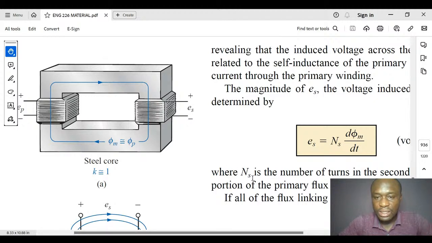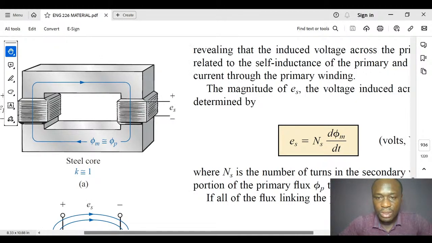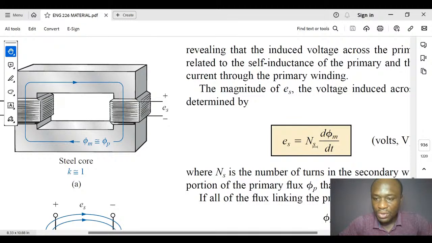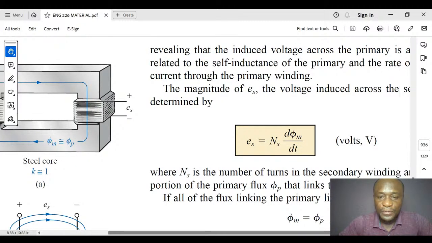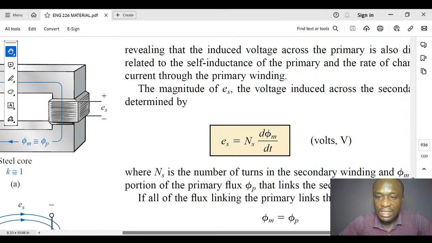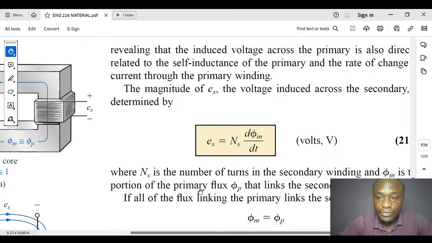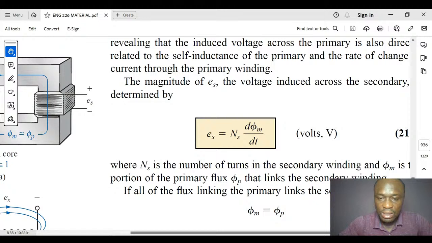Where NS is the number of turns of the secondary side, and phi P is the flux of the primary side, while the mutual flux is the one cutting the secondary side, but they are equal.